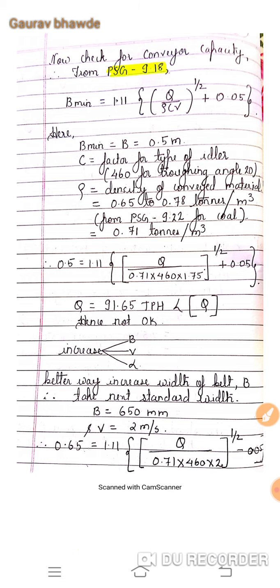Here B minimum is the standard width, which is equal to 0.5 meter. C is the factor for type of idler. Here it is 460 for throwing angle 20. Rho is the density of conveyed material.